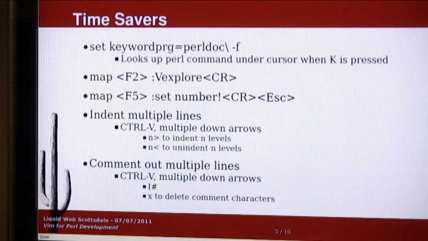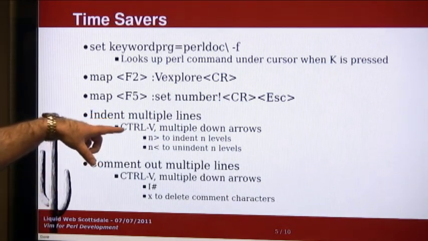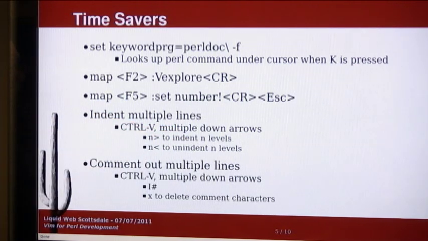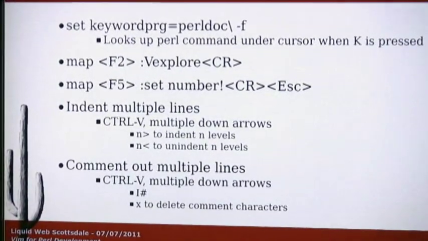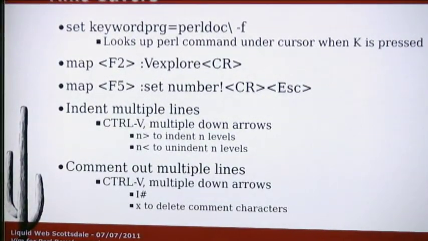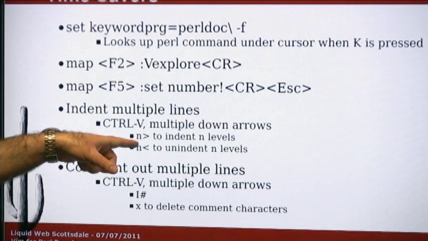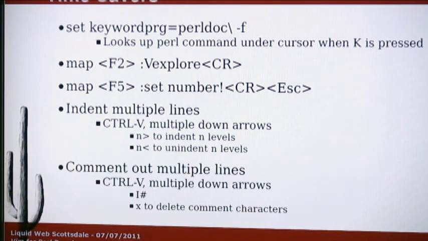All right, indenting multiple lines. Basically, if you do a Control V and then down arrow, you remember I said Control V was by character, it will select down a row vertically. And if you hit N followed by the right angle bracket, where N is any number, it will indent that many levels.